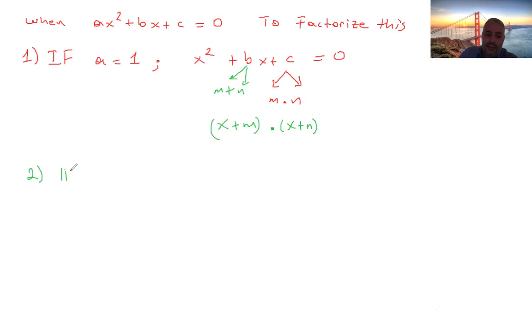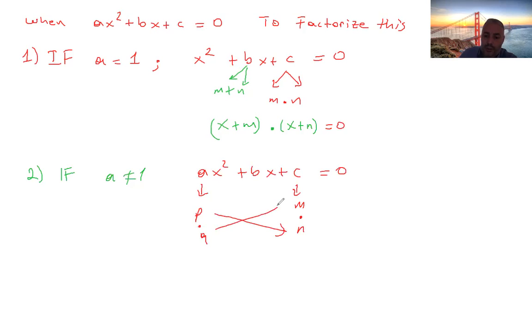Second case, if a is different than 1, so we will have in general ax squared plus bx plus c equals 0. So we will find two numbers m times n. We will find two numbers p times q, and we will check the cross product.